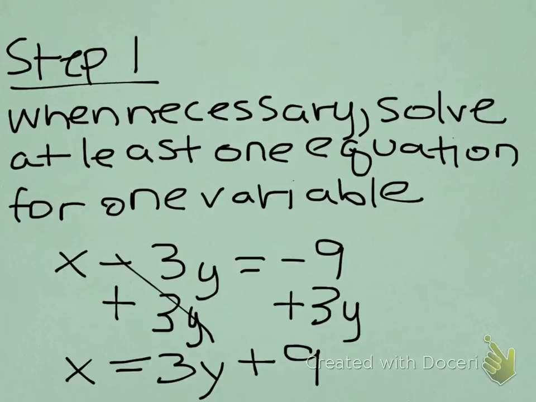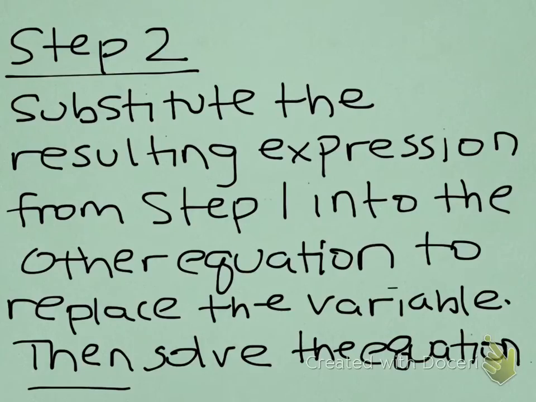So you're going to have two equations, and you need to make sure one of them is equal to either x or y before you start the other two steps. The other two steps are: step 2 would be to substitute what you just got from step 1 into the other equation to replace that variable, and then you solve the equation for the variable.